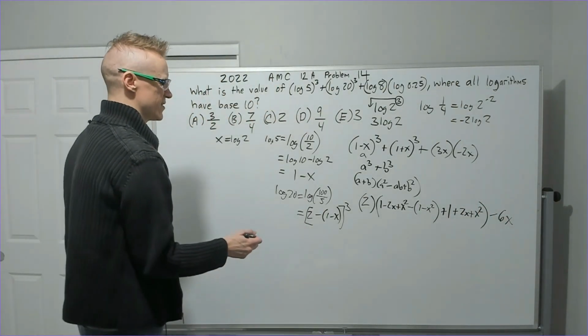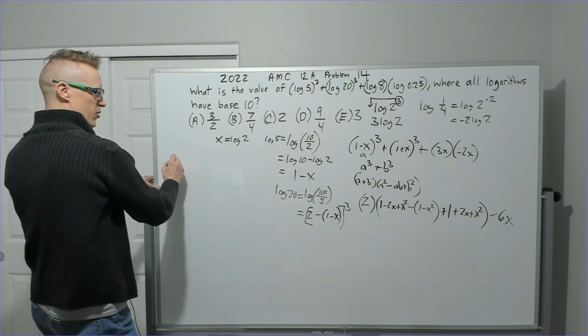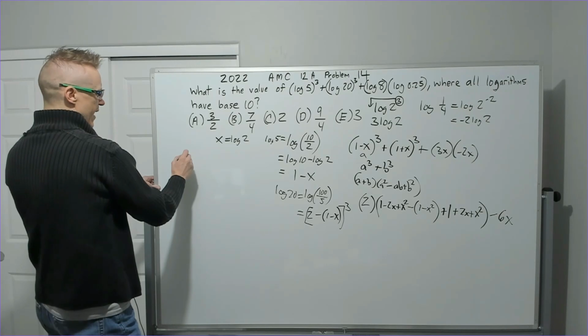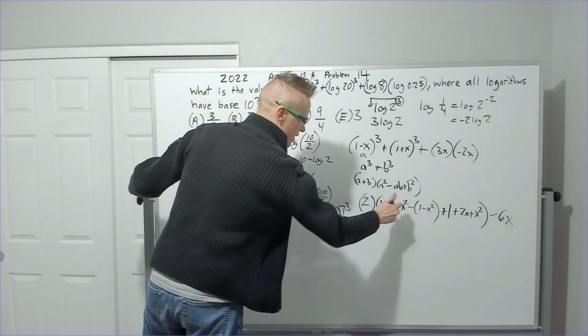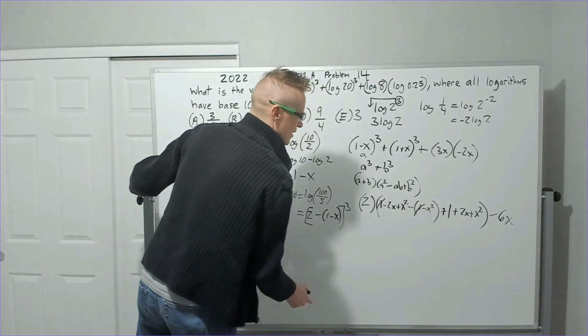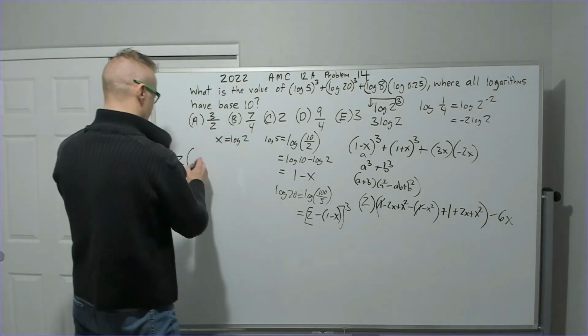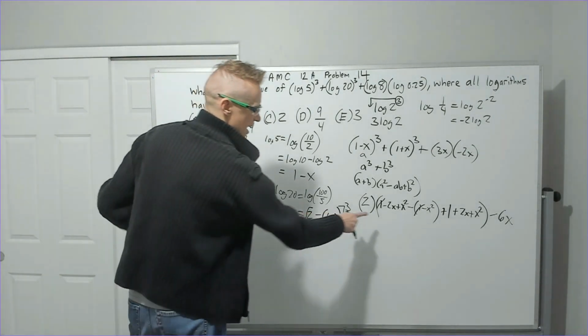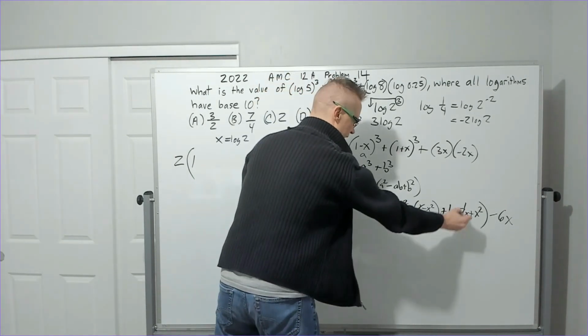Okay, so let's clean that up and see what happens. I'm going to keep the 2 over here. I'm going to go to this side of the board so I'm not bending over so far. And 1 minus 1, those are going to cancel. I've got another 1 over there, so we'll put 1. And then you're going to have negative 2x and positive 2x. Those will cancel.